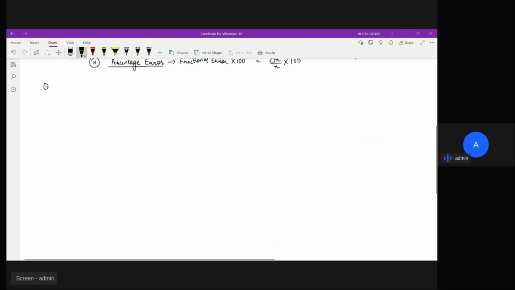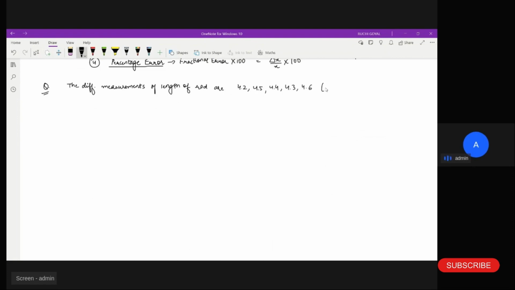Suppose we have different measurements of the length of a rod. The measurements are as follows: 4.2, 4.5, 4.4, 4.3, 4.6, all in centimeters. We have to calculate all the errors.